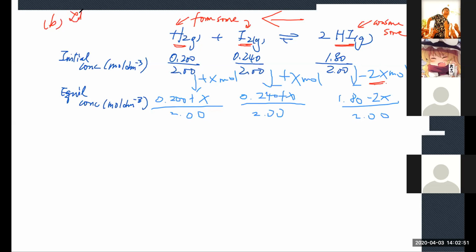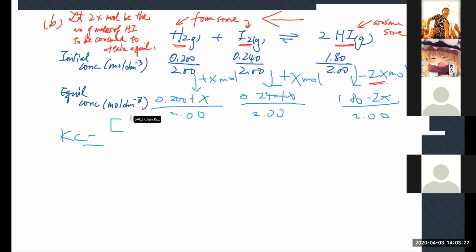So you are going to let 2x mole be the number of moles of hydrogen iodide to be consumed to attain equilibrium. This is the first part.